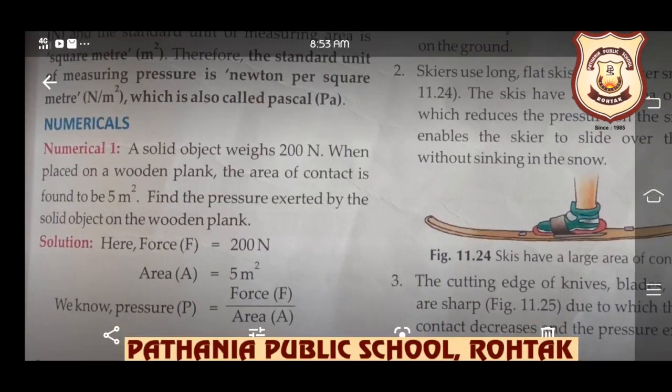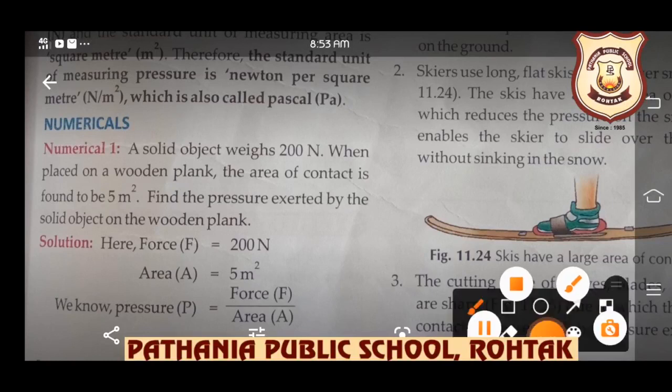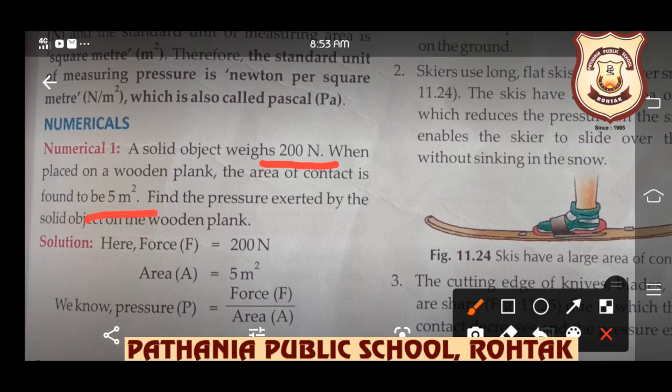And in this part, we need to take care that these two things are given. What two things are given to us? We have taken a solid object which weighs 200 Newton. See beta, 200 Newton is force, not its weight, because Newton is the SI unit of force.